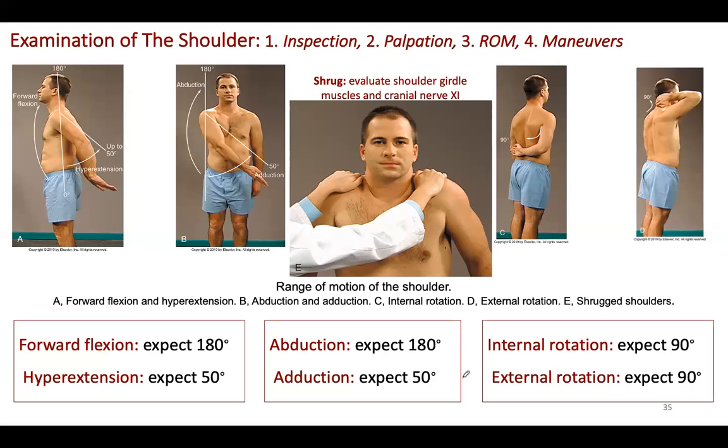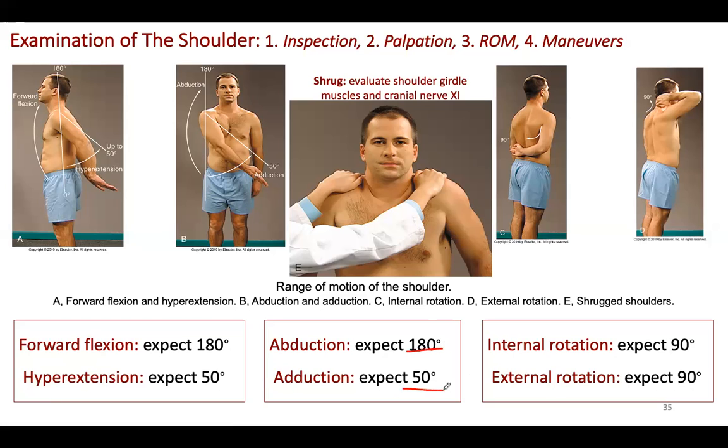So these are the normal ranges of motion in degrees. Forward flexion, that's the normal range, 180 degrees. Hyperextension, expect only 50 degrees. Abduction, moving the arm away from the midline, expect 180.